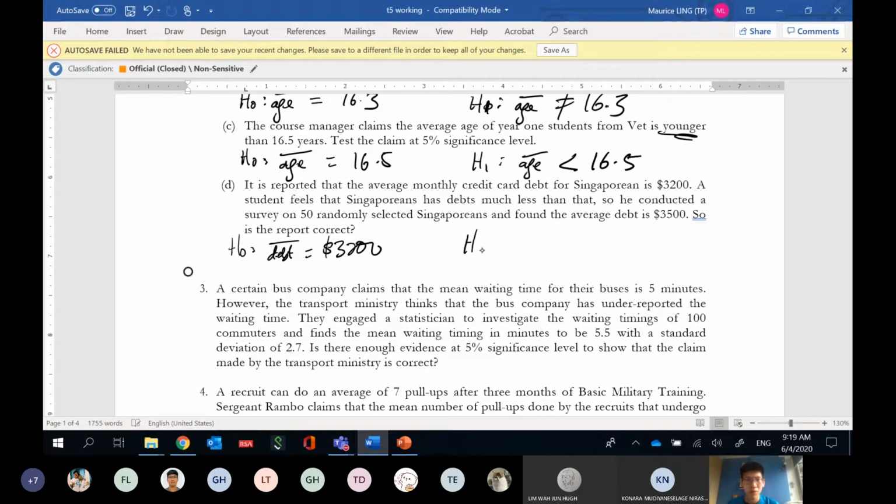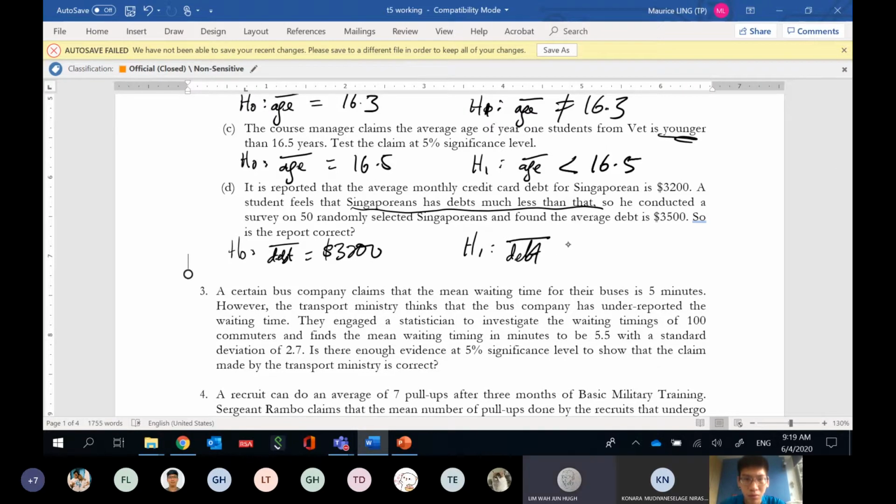Alternate hypothesis, H1, the depth again, it would be more than 3200. No, you see, the student feels that Singaporean has lesser than that. So it's not more than, it's lesser than. Oh, it's lesser than, okay. Lesser than 3200.